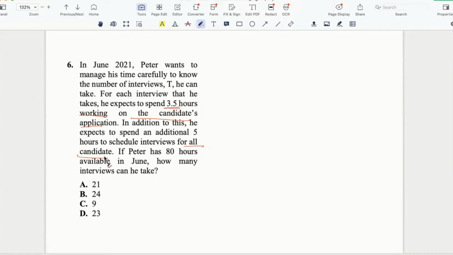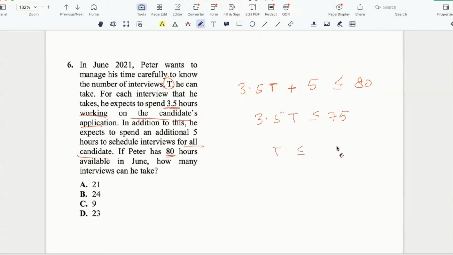So let's say that the number of interviews that he can take is T. So he would spend 3.5 hours per candidate. So that's 3.5T, plus he would spend 5 hours on the total scheduling for all candidates. That should be less than or equal to 80 because he has 80 hours available for this work. So 3.5T should be less than or equal to 75.